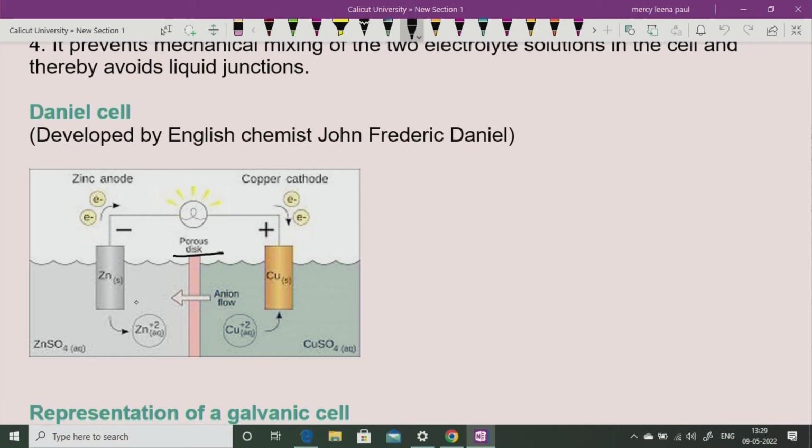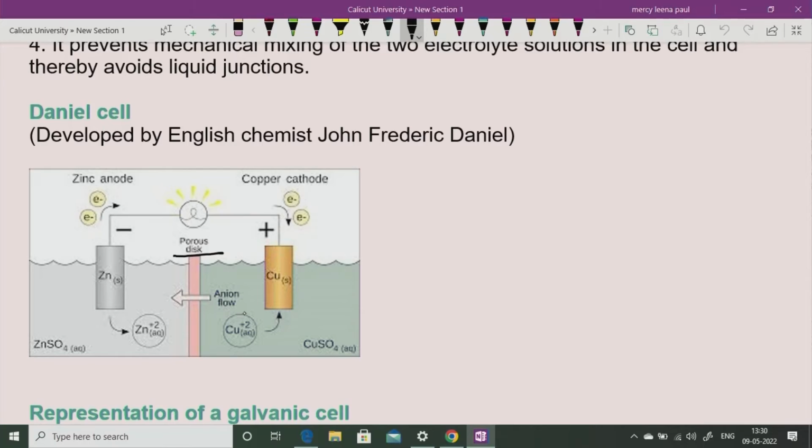We have said that in the anodic solution we have the accumulation of zinc ions, and in the cathodic solution you have the accumulation of sulphate ions. These sulphate ions can migrate towards the anodic solution and neutralize the zinc ions, and therefore, the electrical neutrality can be kept because we are having a porous diaphragm.